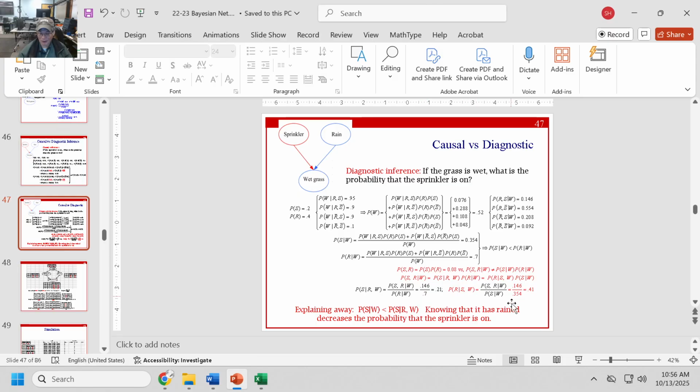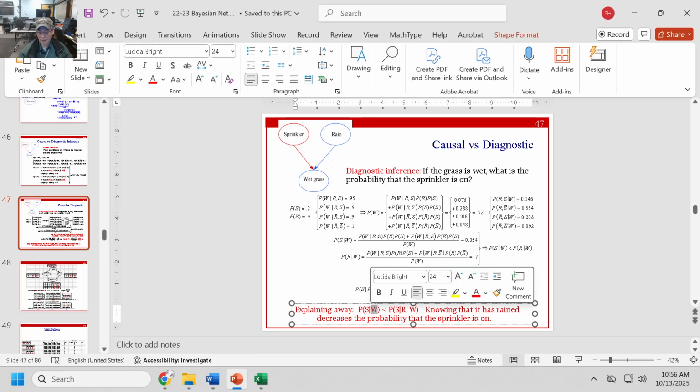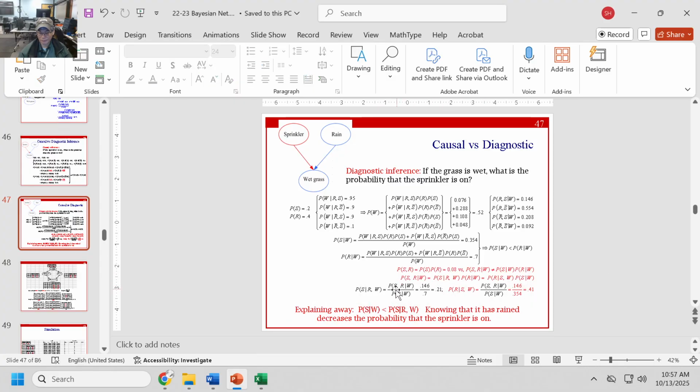That's why I would like to explain how likely ground is wet, sprinkler is on. Okay, we have the ground is wet and sprinkler, ground is wet and rain and sprinkler is on. One more time, okay? I see rain, I see ground is wet, and how likely the sprinkler is on is 0.21 versus, okay, I see sprinkler is on versus ground is wet, and then how likely is rain.